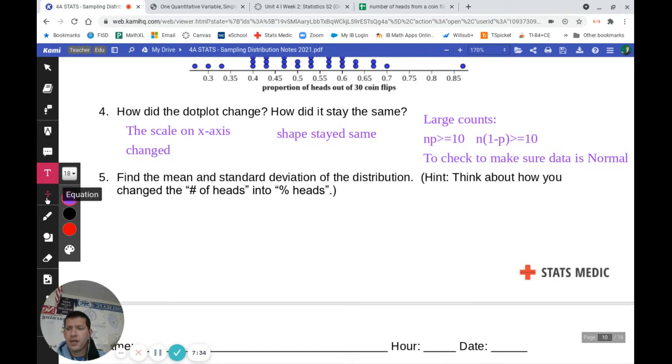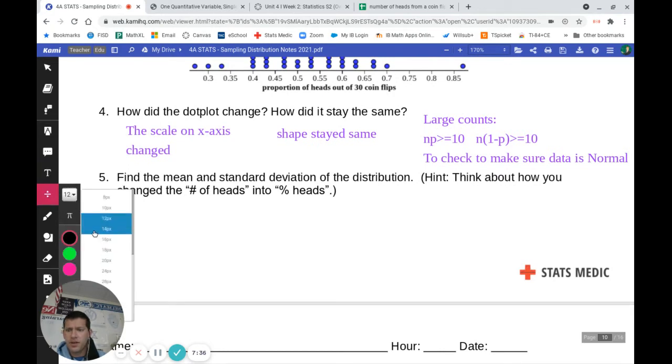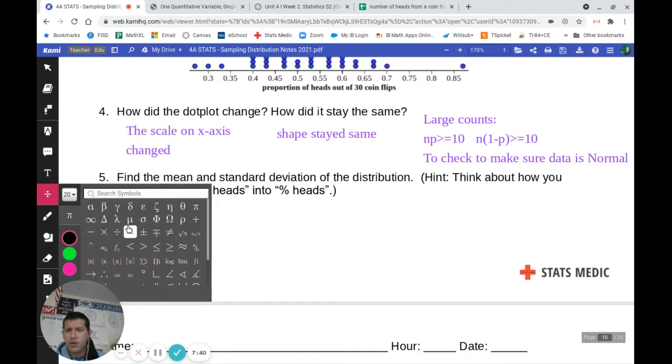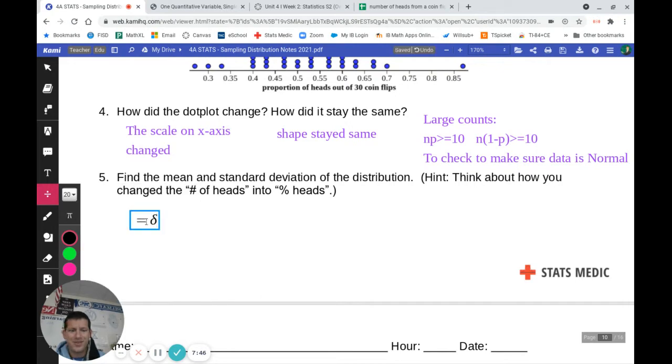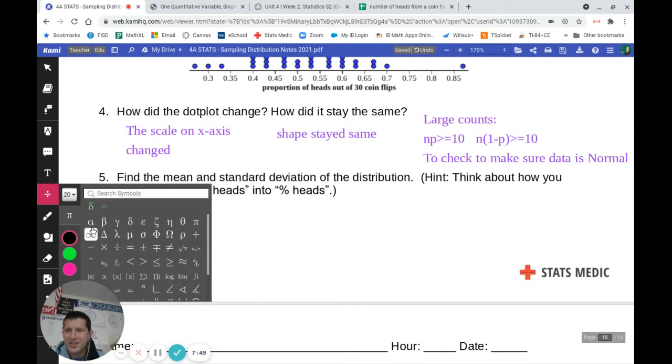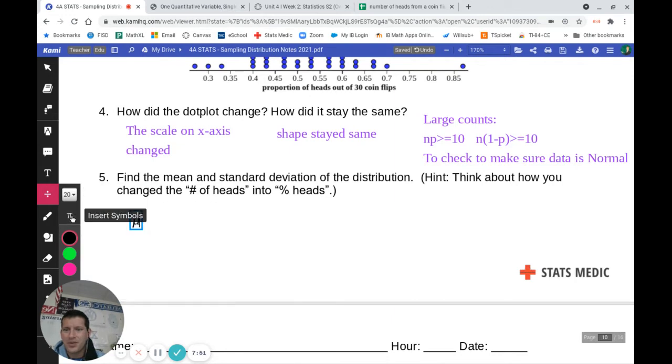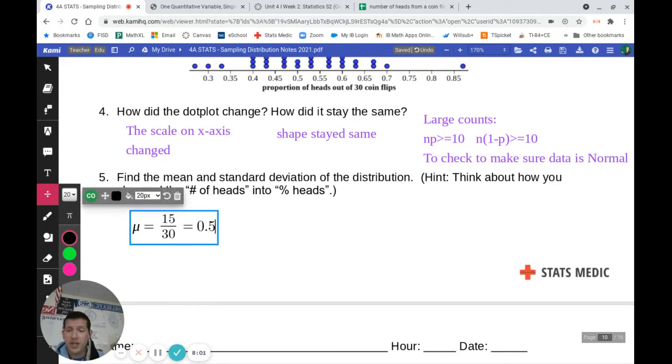So our mean, I'm going to use the equation editor here and make sure it's big so you guys can see it. Our mean, mu, is going to be equal to 15 divided by 30, which gets us 0.5. So we expect to get 50% heads, which makes sense.